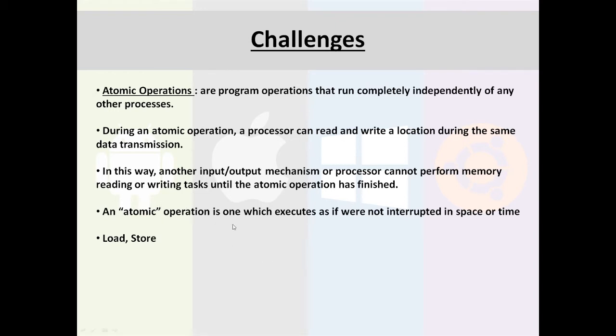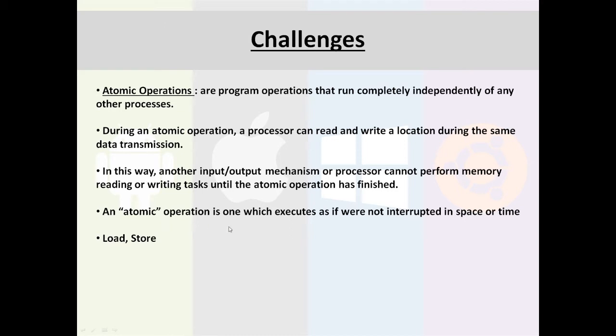In this way, other input-output mechanisms or processes cannot perform memory reading or writing tasks until this operation is finished. So this is a way of saying, okay, I want to specifically finish this task, and during that time, nothing else can mess around with my program, and nothing else can read and write memory to this location.